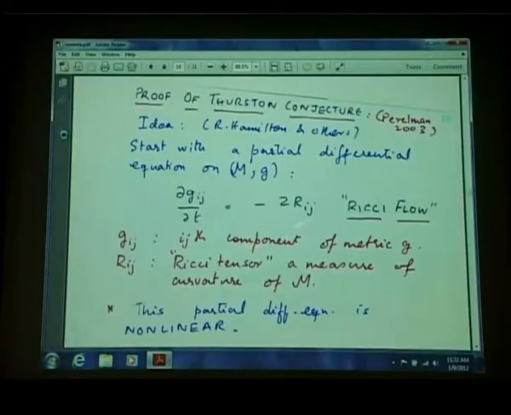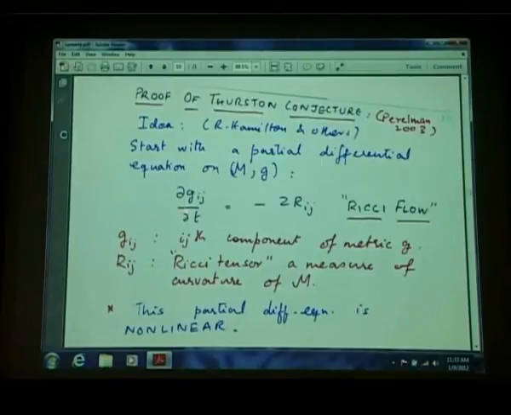And what does the partial differential equation look like? Well, I have to explain my notation here. I told you that the Riemannian metric was a matrix for the purpose of my talk. It was a symmetric matrix with real valued functions as entries, and it had all positive eigenvalues.